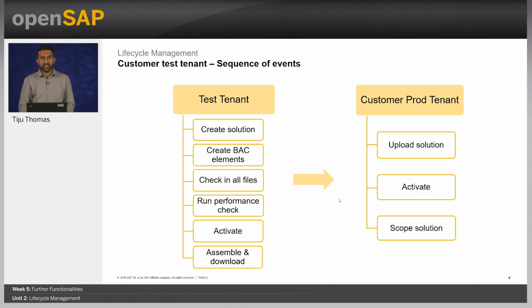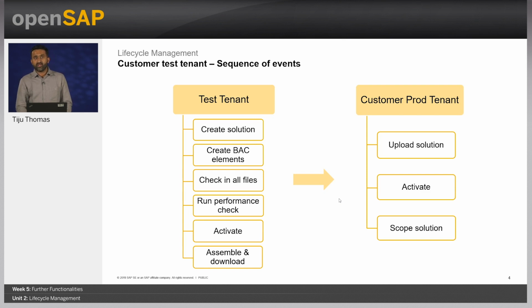Here, as you can see in the slide, once the solution development is completed, you could check in all the files and run a performance check at the solution level. This is important because the system suggests several improvement tips for your code during this step. Activate the solution, then assemble and download once the performance check is completed. This will give you a zip file.